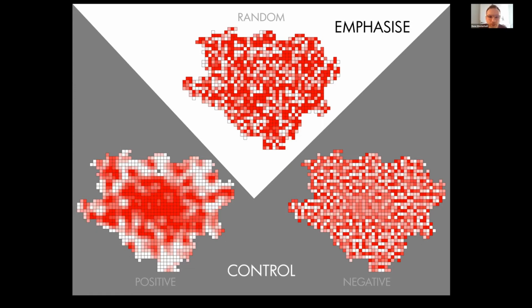The traditional way to use this method has been to get rid of space, so to filter spatial effects out in order to use spatial data in regression contexts, and to make sure that the spatial data does not violate the assumptions of non-spatial regression analysis. But the way I'm using Moran eigenvector filtering here is slightly different, because I do not want to control for positive and negative spatial autocorrelation in order to get rid of it.